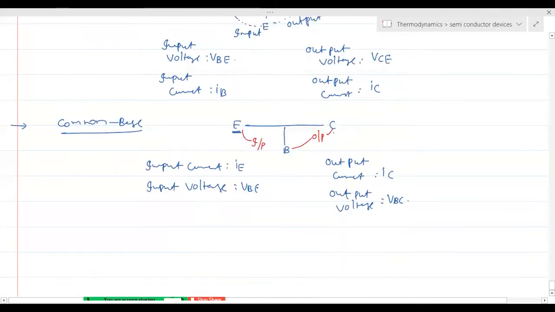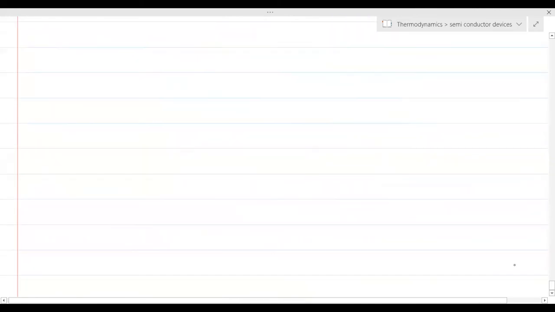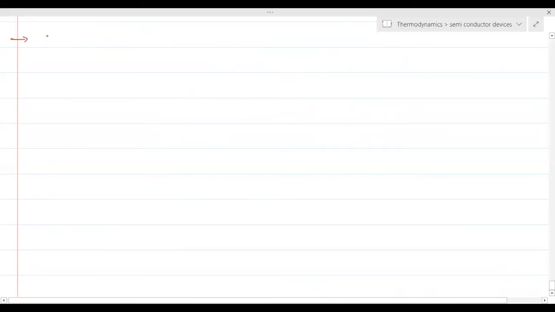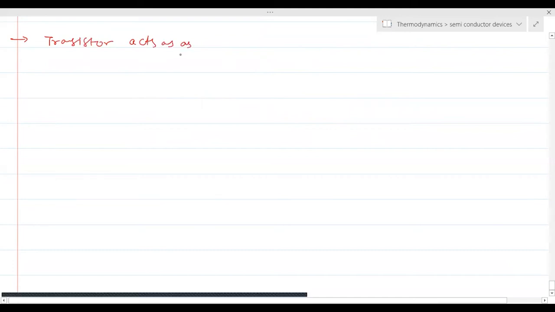Now we will see how the transistor acts as an amplifier and what amplification formulas are related. Transistor acts as an amplifier.